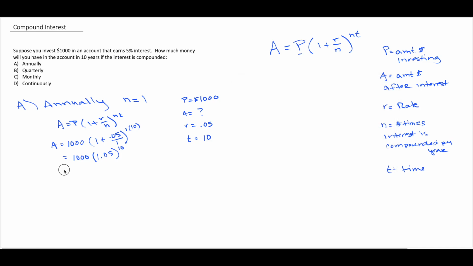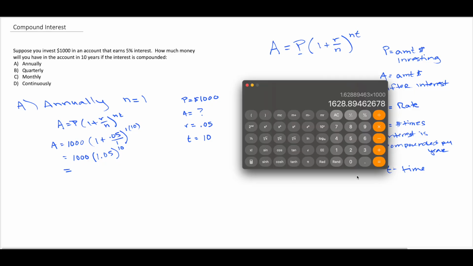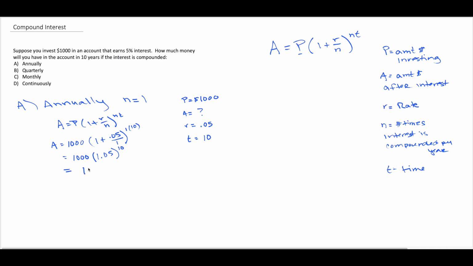So this gives me 1628.89. Okay, so in 10 years, I would have $1,628.89.